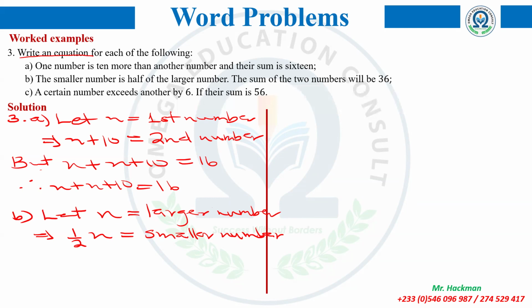So please take note, you cannot say that s is equal to the smaller number and then write half s as the larger number. Obviously, it would not make sense. How can half s be larger than s? It doesn't make sense. You get the point? Yes, sir.